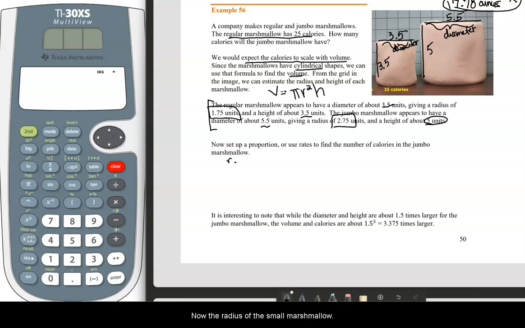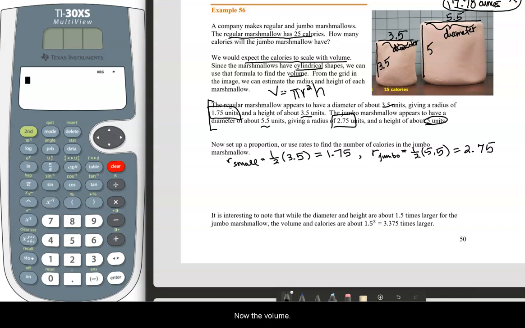The radius of the small marshmallow is 1/2 of 3.5, which works out to 1.75 units, whatever that is. Once again, inches, centimeters, millimeters, whatever it is. The radius of the jumbo marshmallow is 1/2 of 5.5 units, which works out to 2.75.